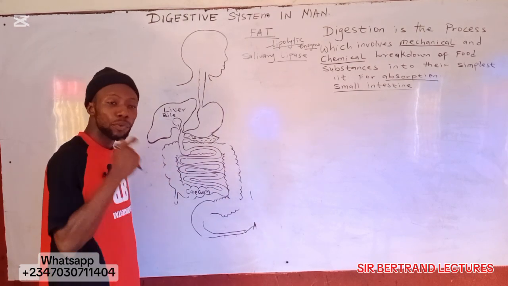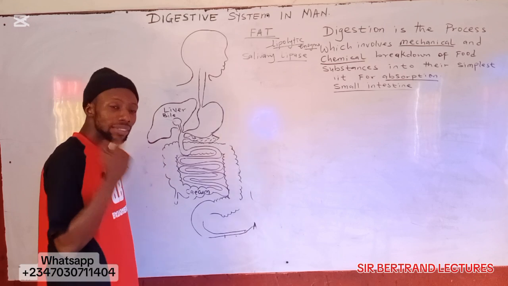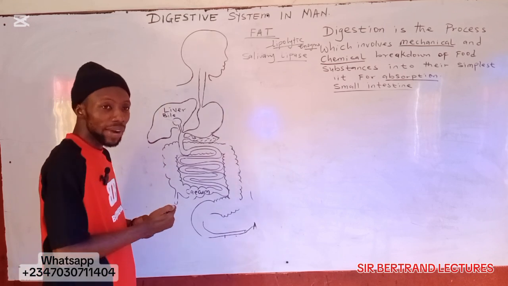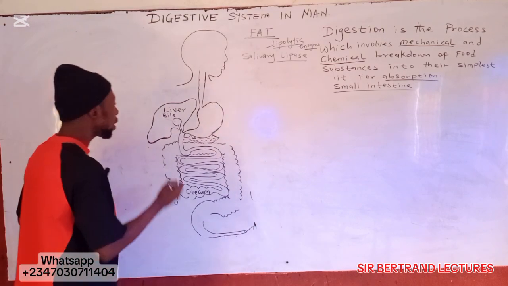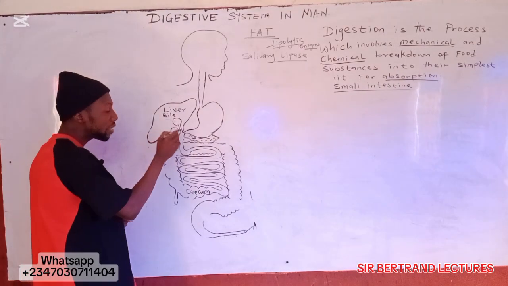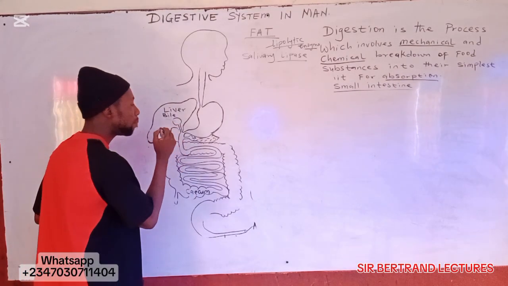That is the site for effective chemical digestion of fat in the body because the fat needs to be emulsified by bile.